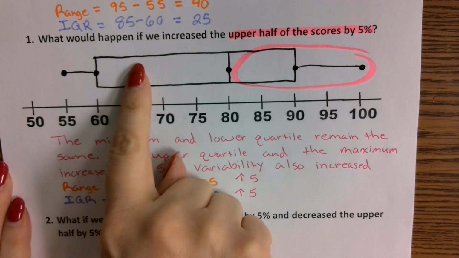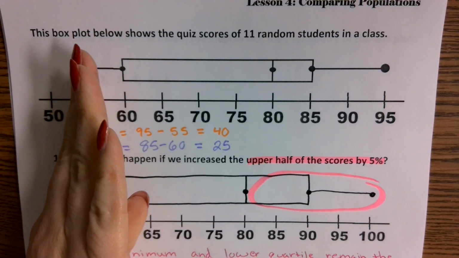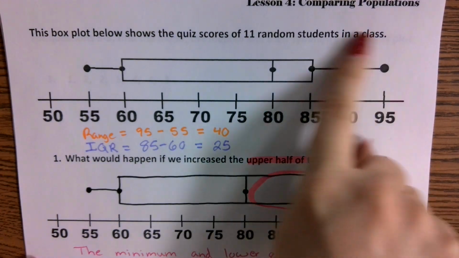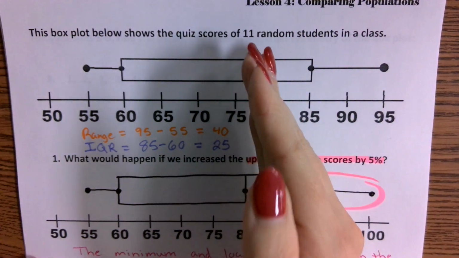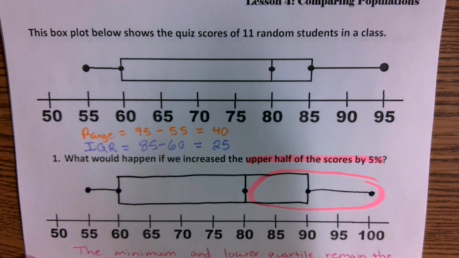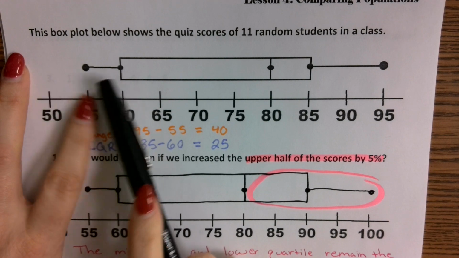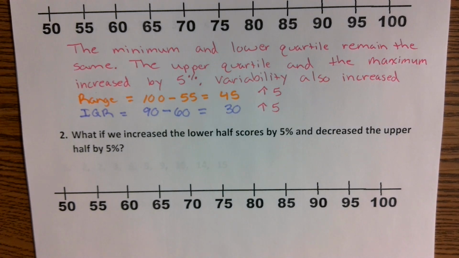Okay, so that means my lower quartiles from the original are going to increase by 5%, and my upper quartile and maximum are going to decrease by 5%. I want to see what kind of effect that has. So if my lower values increase by 5%, what is that going to bring my minimum to? What does my minimum now become if I'm increasing it by 5%?